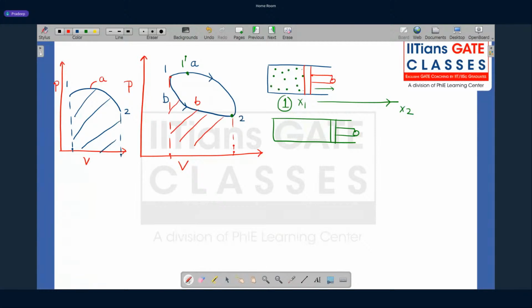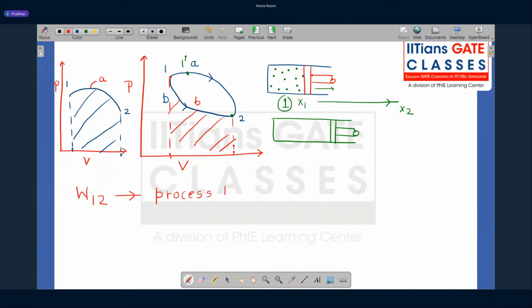Now what happened? I am moving between the same two end states, but I am following two different paths. When I am following two different paths, what am I getting? I am getting a different magnitude of work transfer. Why? Because the area under the curve is different for the two different processes. What does it say? Clearly it says one thing: my work transfer depends on my process path.